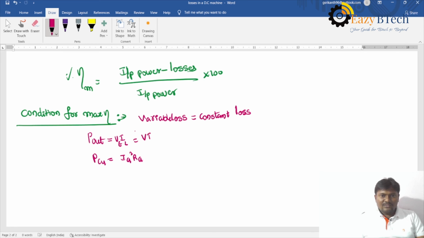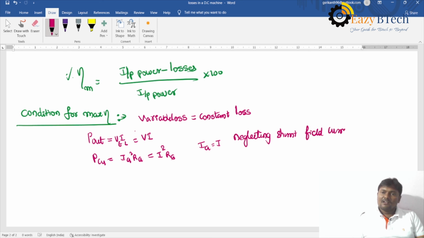We can write it as VI and I square into Ra, where Ia is equal to I, neglecting the shunt field current because it is a constant shunt field current.